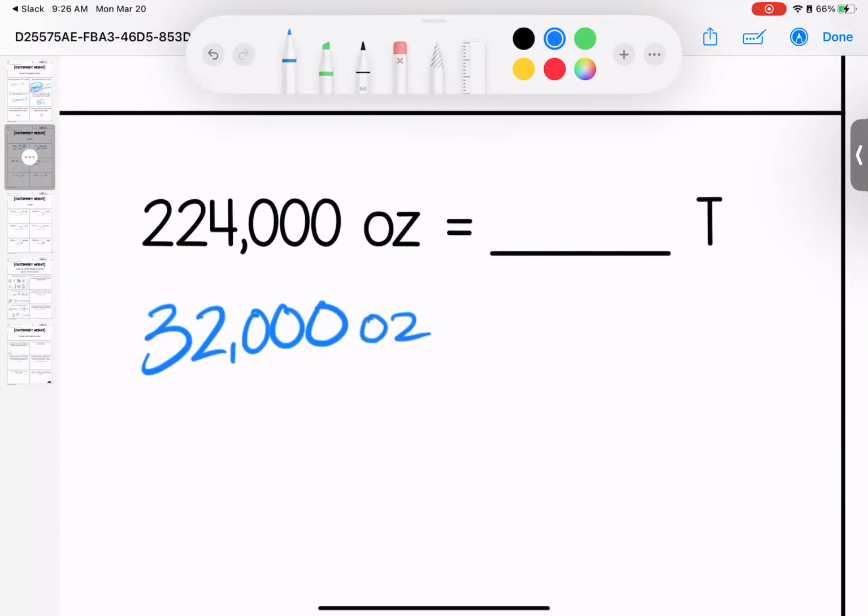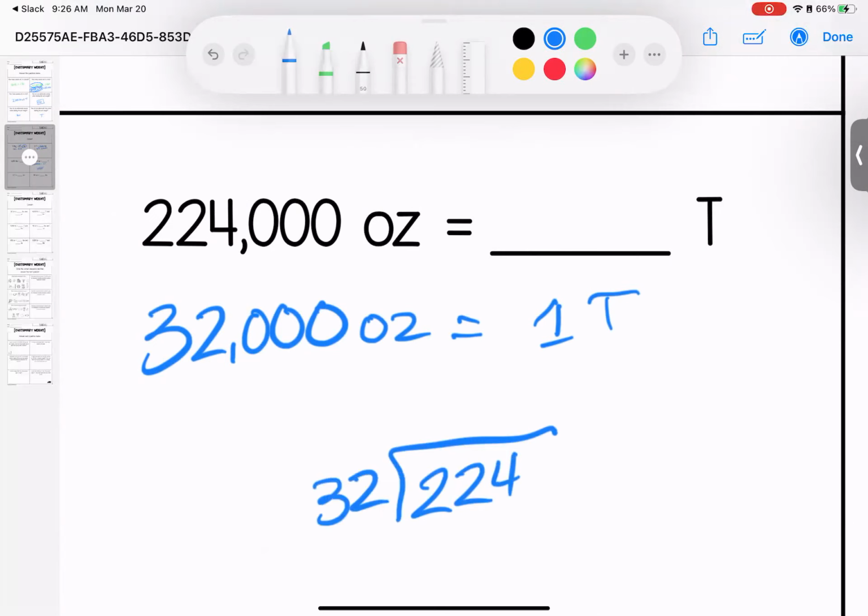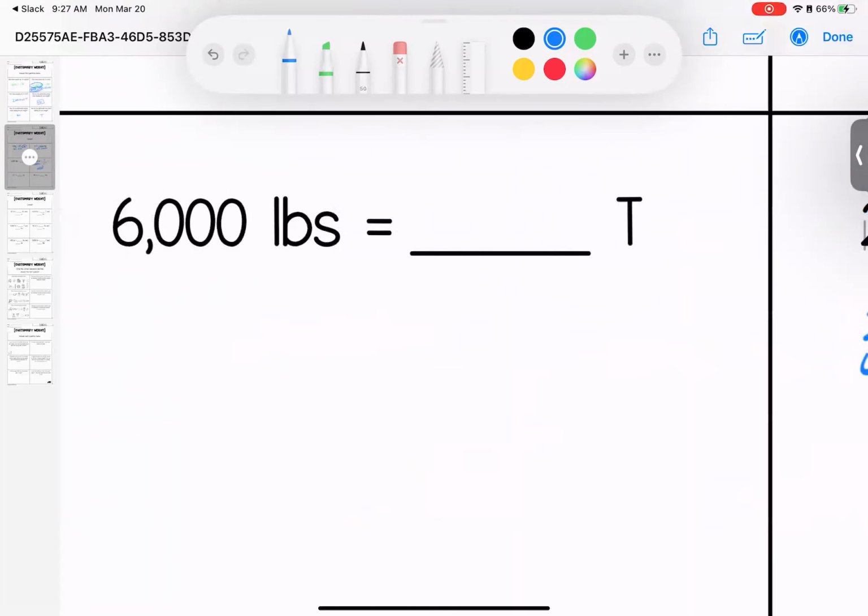But we know that it doesn't have to be scary because what I really need to do is divide 224 by 32, which is completely doable. And then I put my zeros back. So 32 goes in 7 times and my zeros work out. Okay. Drop your zeros, find your fact, divide. And we don't need to put our zeros back for this one.